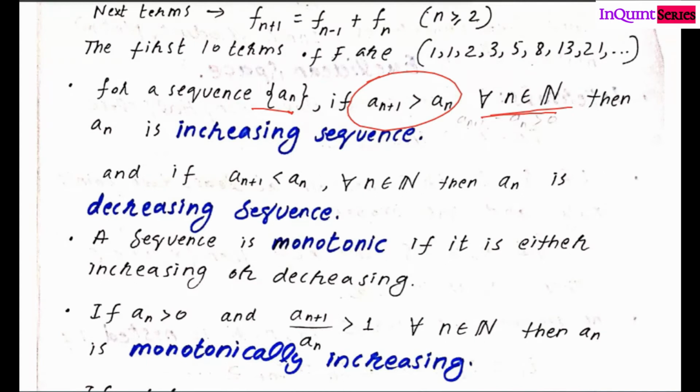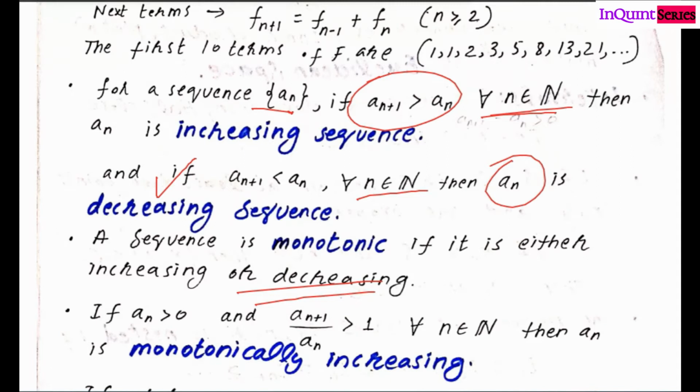And similarly, if a_(n+1) is less than a_n, or a_(n+1) minus a_n is less than 0, for all n belonging to the set of natural numbers, then our a_n is said to be a decreasing sequence. A sequence is monotonic if it is either increasing or decreasing.